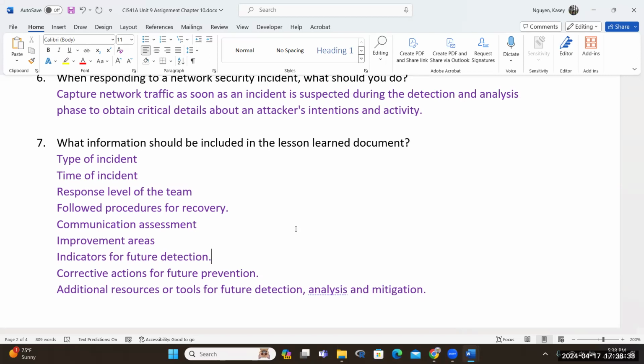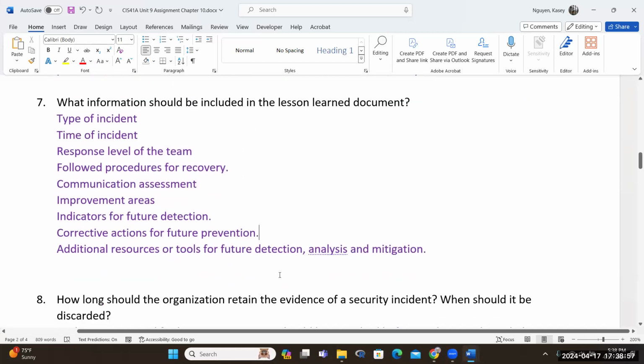Personally, as humans, we all go through that. The first time you do something, it's always a little slower and a little harder. But as you learn from it, you are going to be better the next time. So we will put down the indicators and corrective actions for future prevention, and what else we can do to prevent it from happening, period.